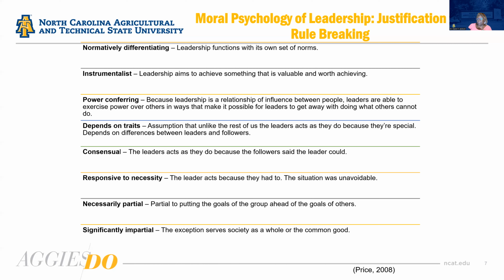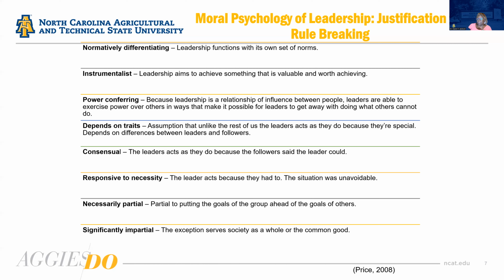Responsive to necessity: the leader acts the way they do because it was unavoidable, right? Another way that someone might justify their behavior. There was no way around it. Especially in emergent situations, we might find leaders using this approach to justifying their behavior.